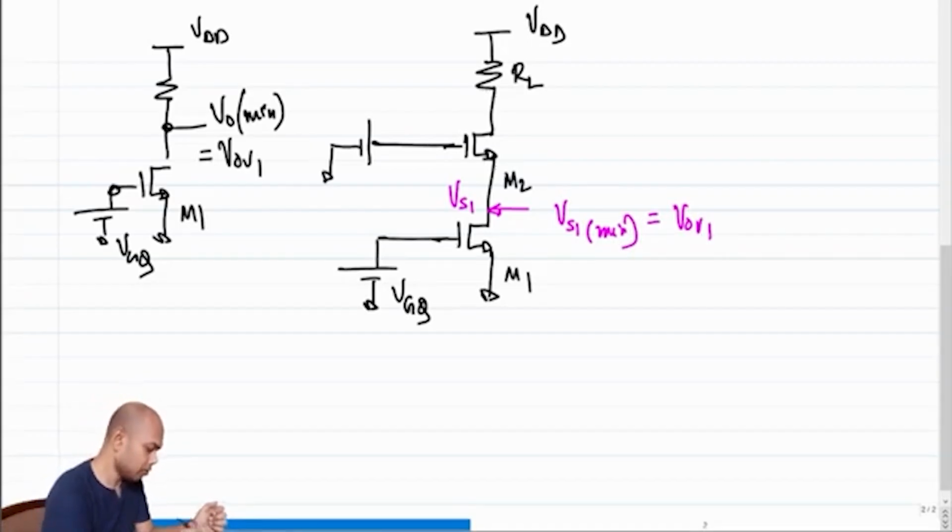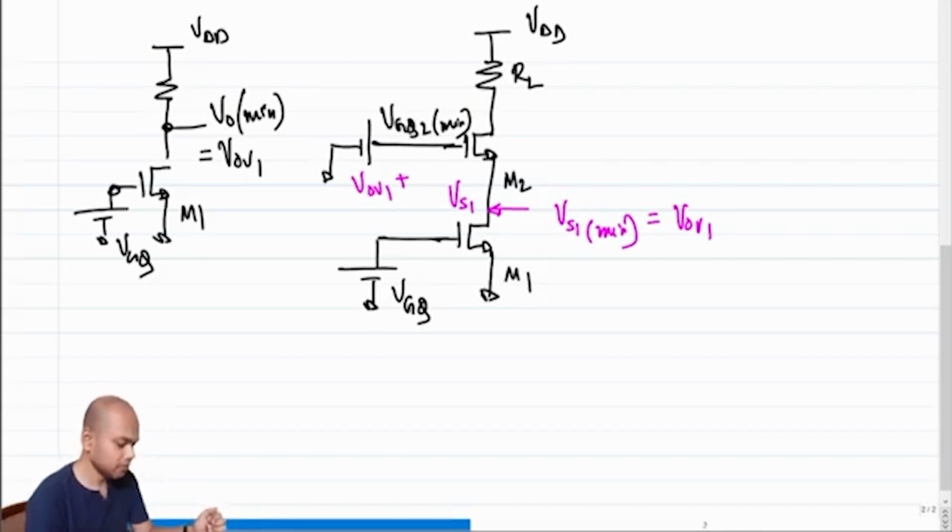Similarly, what will be the gate of M2? So VGQ2 min will be how much? This will be VS1 min, that is equal to V overdrive of M1, plus 1 VGS of M2, right? So VGS2.